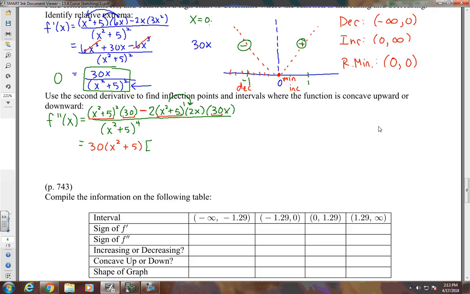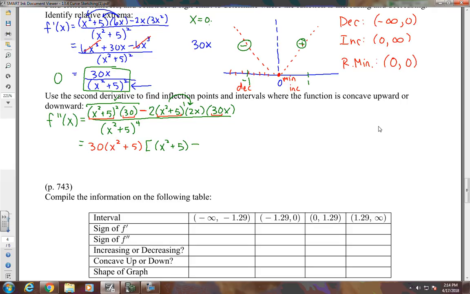So noticing the first term, I have (x squared plus 5) quantity squared. My GCF only has x squared plus 5 to the power of 1, so I need to multiply by another factor there. 30 times x squared plus 5 times another x squared plus 5 gives me that first term. Okay? So really I'm just seeing what's missing from my GCF that's present in the original term.